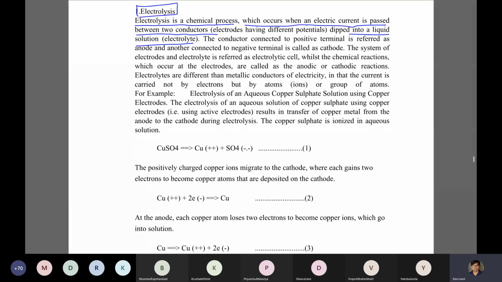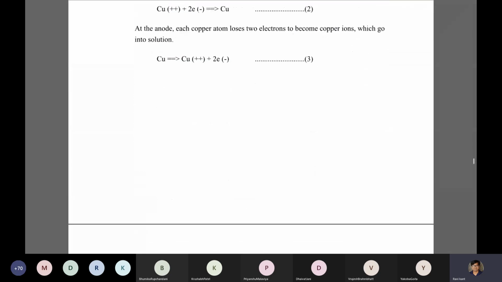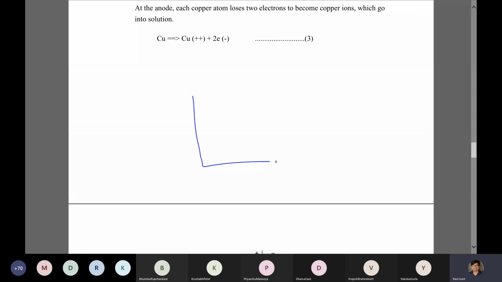Okay, and what is the aim? Let's suppose I have a container in which liquid is contained, which is your electrolyte. In this case, we have CuSO4, copper sulfate aqueous solution, and we have two electrodes over here.